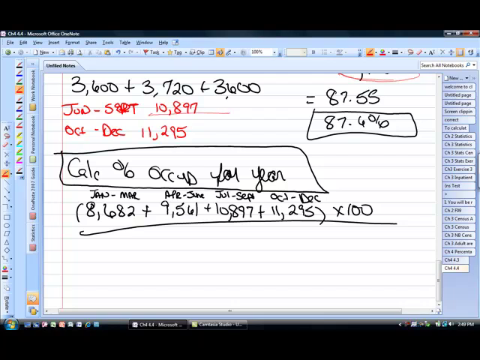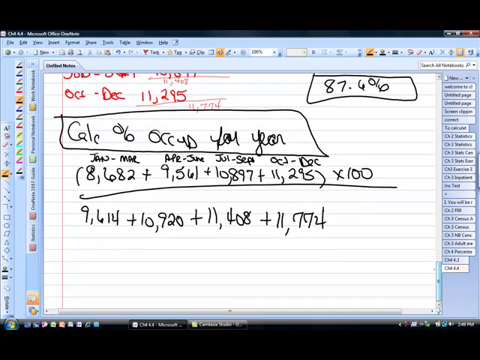So our denominators for the last two are 11,408 and 11,774. So our denominator is 9,614 plus 10,920 plus 11,408 plus 11,774.